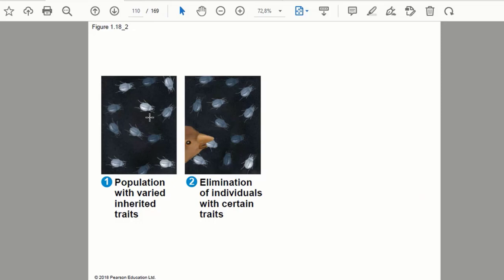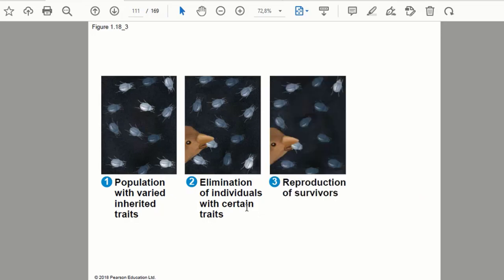The ground is a bit darker, so one of the disadvantages of the light ones is that they are more visible than the dark ones. So this little fella will come here, looking for something to eat, and this looks like a stink bug. Then they will eliminate individuals with certain traits.